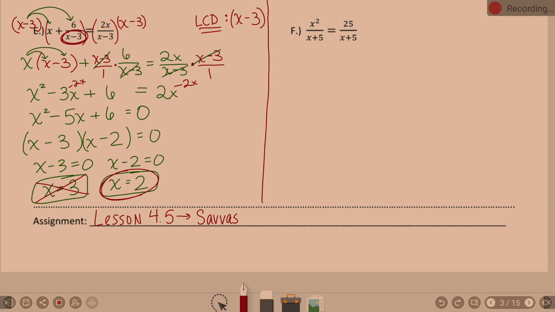Okay. One more. It's a little different looking, isn't it? I kind of like it. What's my least common denominator? The only denominator is x plus 5. What do we do with that? We are going to multiply by x plus 5.